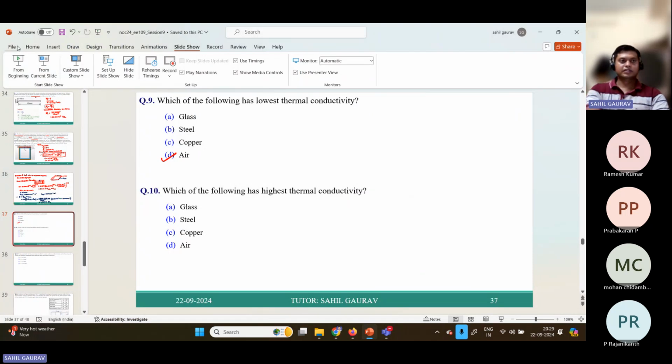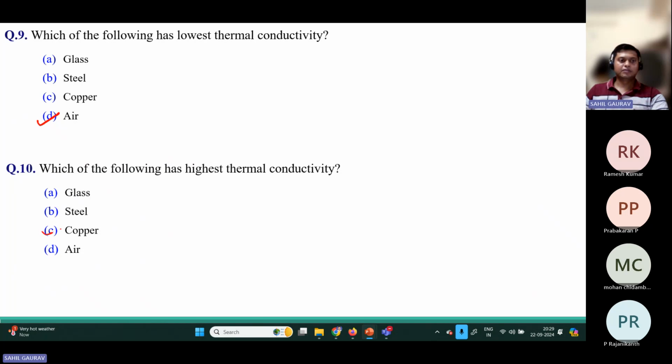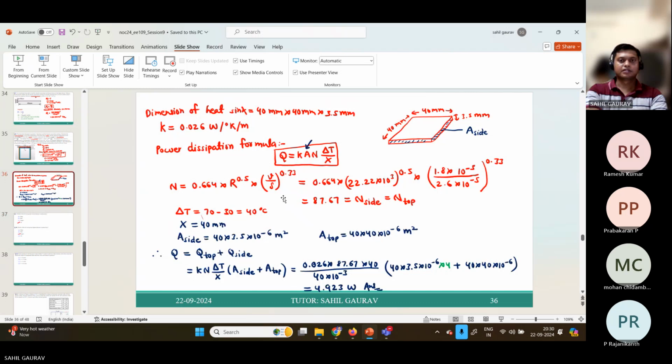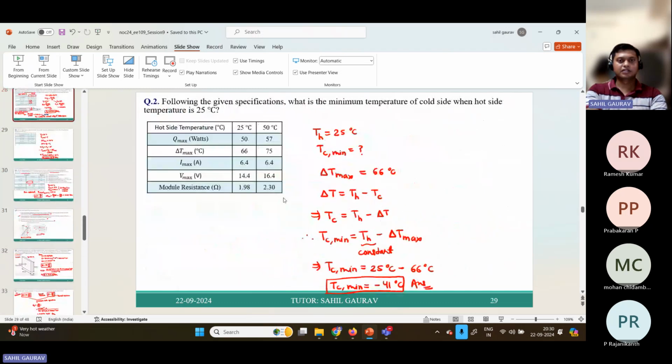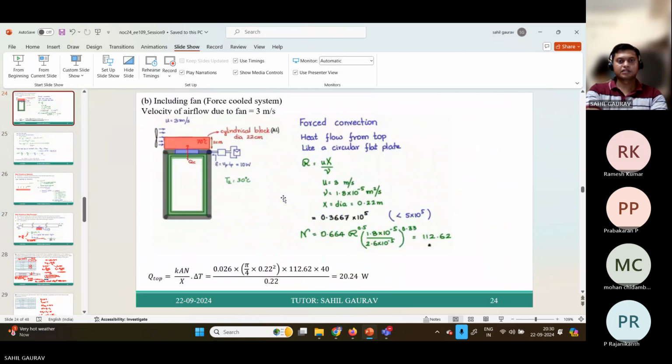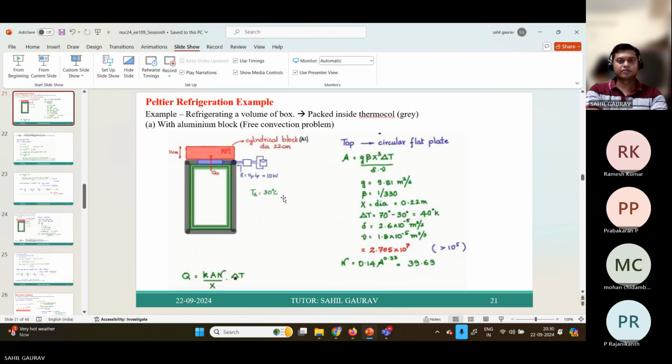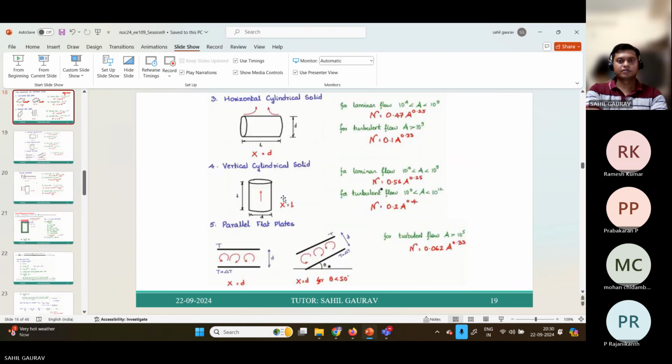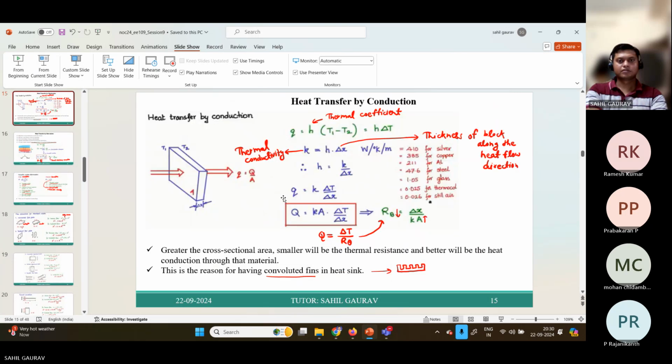You can correlate with the material characteristics, and you can also go with the data. If you see the data, I think sir has mentioned it at one place. Yes, here.